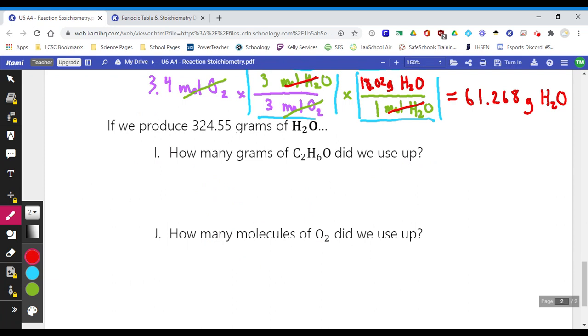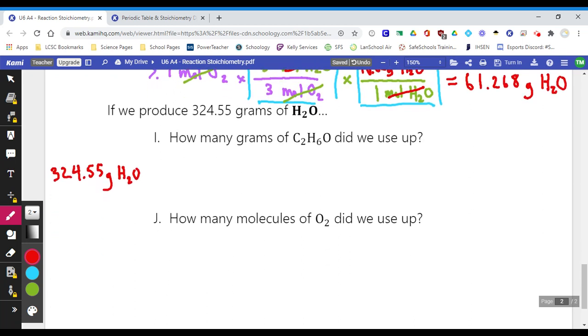We produce, so let's start with that. So we have 324.55. That's not a 6, it's a 5. Grams of H2O times.